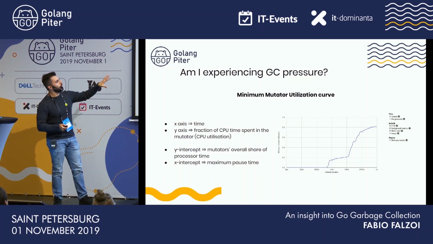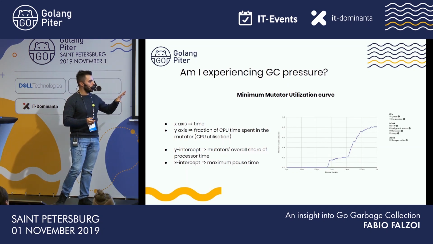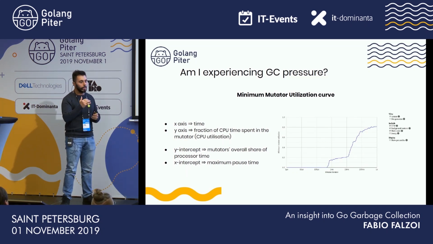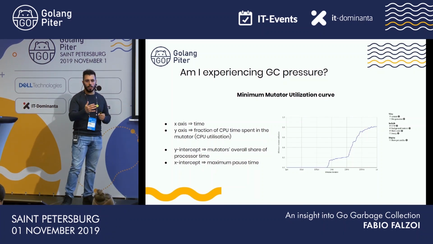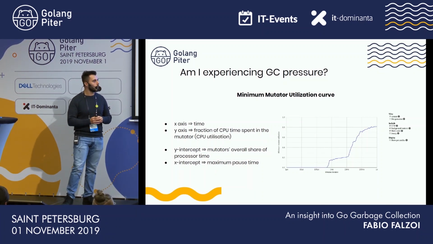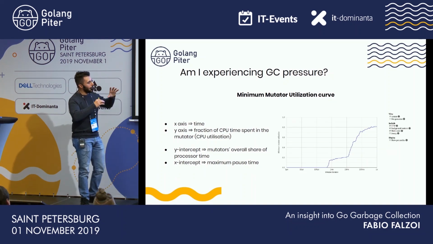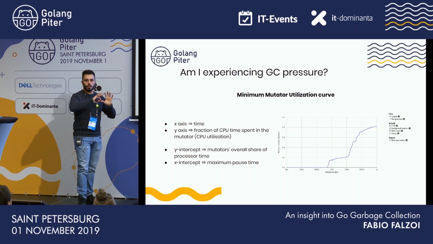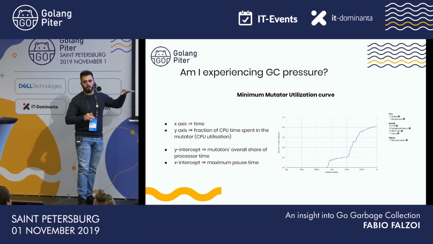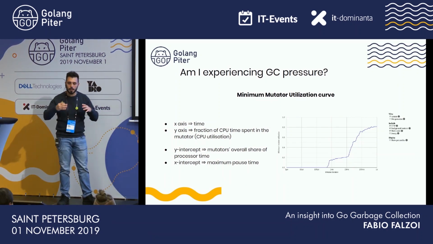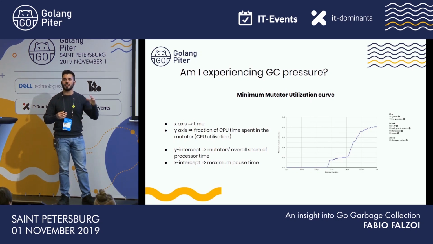The minimum mutator utilization curve describes the minimum utilization of your CPU by the mutator, that is your application code. So if you look at that curve over there, the more that curve is pushed to the right and close to the x-axis, the more your application is GC bound.